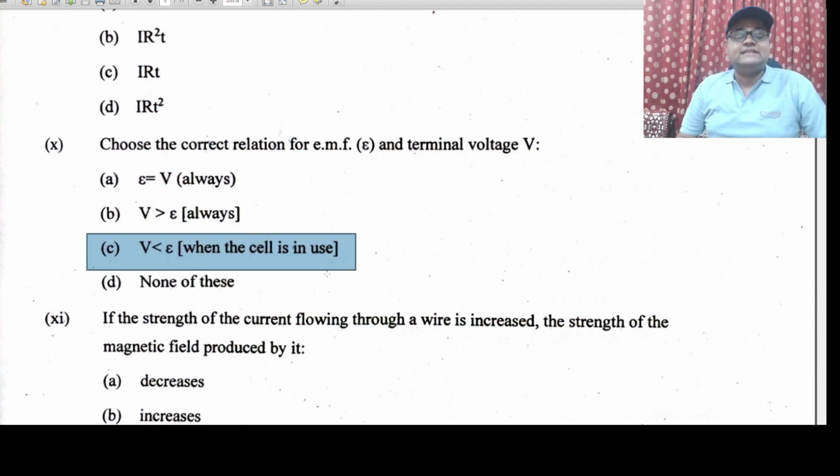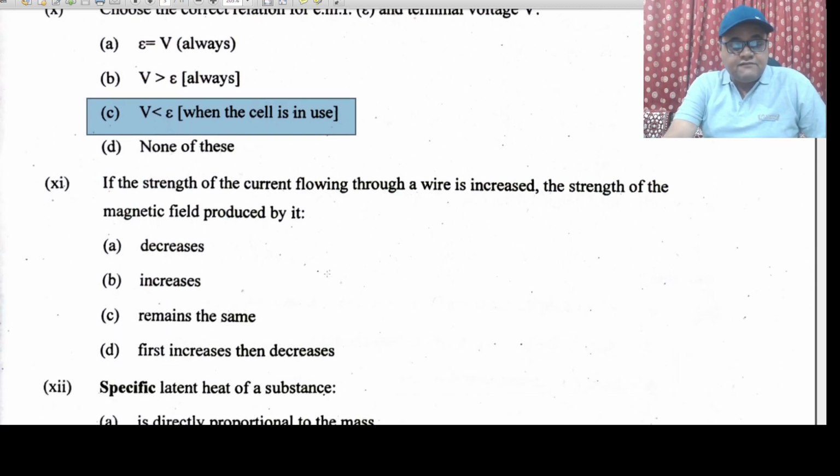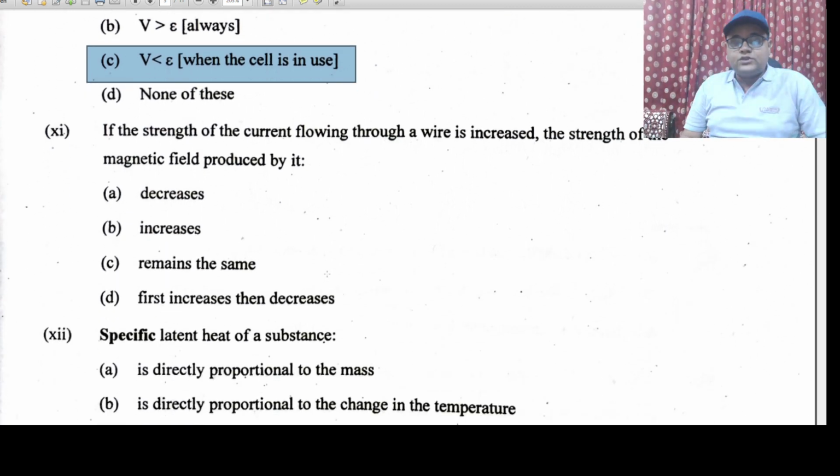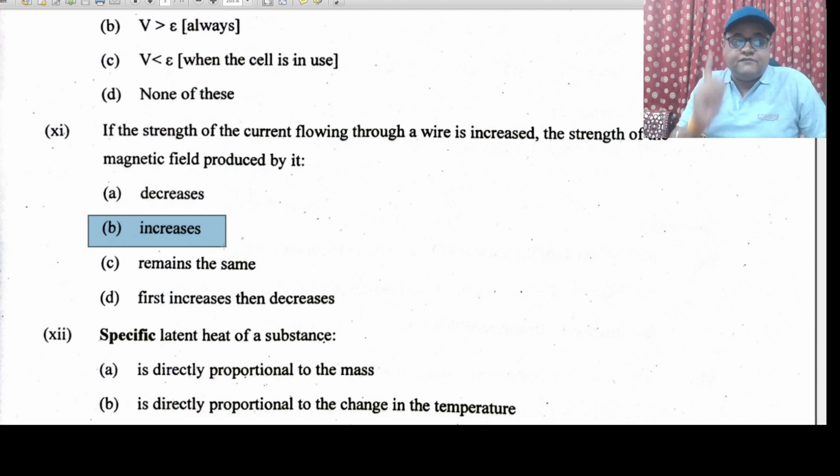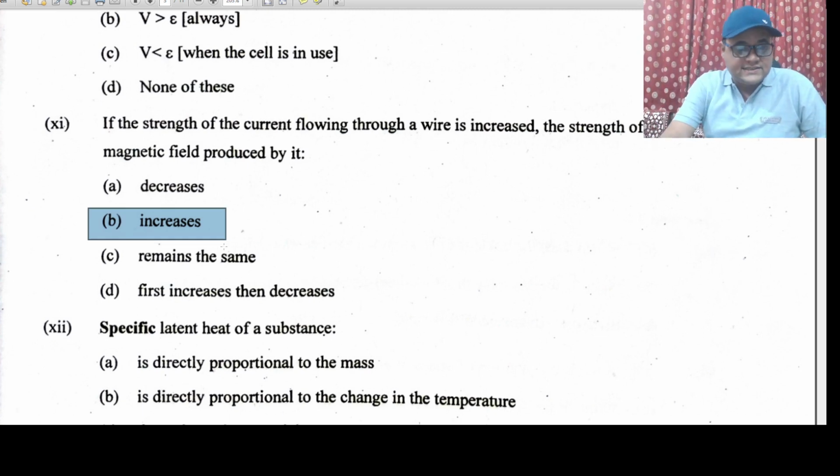So C is the correct option here, right? The next part: if the strength of a current flowing through a wire is increased, the strength of the magnetic field produced by it, obviously it will increase, right? The magnetic field increases if you increase the current or you increase the number of turns. So B is the correct answer.